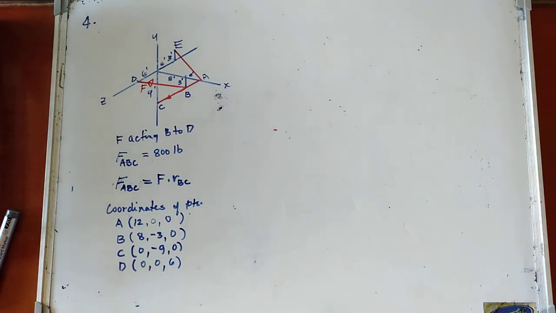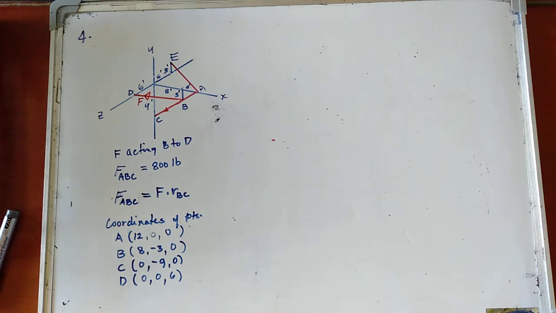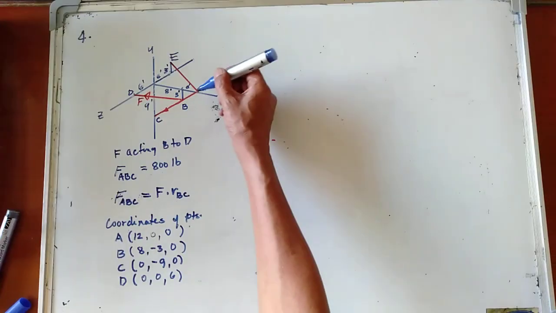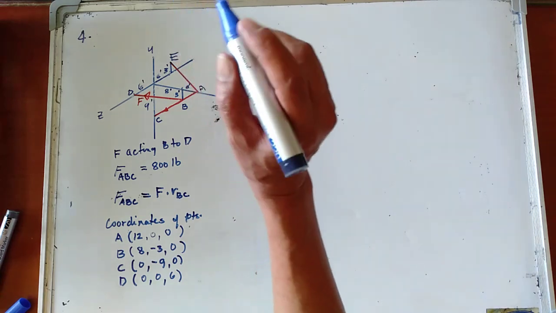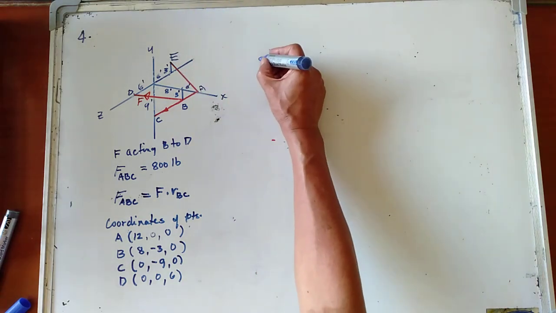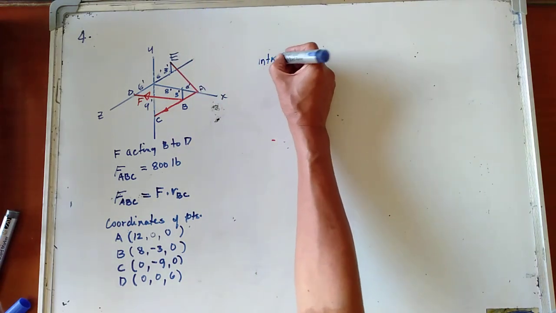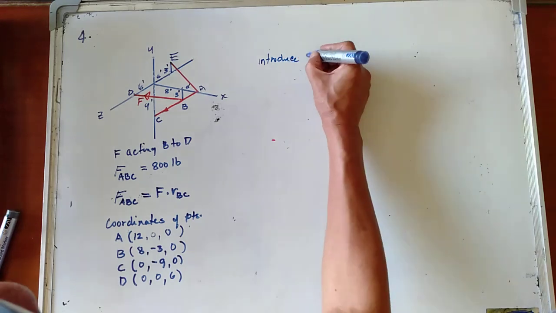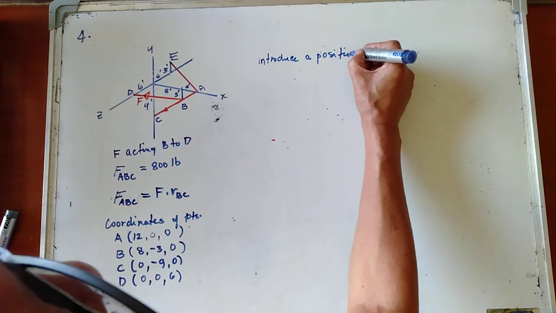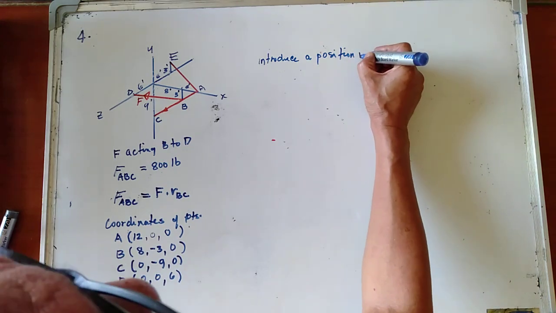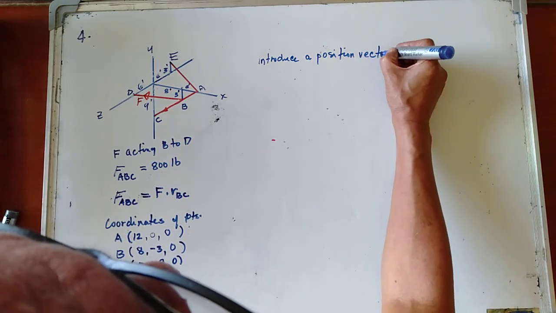Now, first, let us introduce a position vector in the direction of boom ABC.